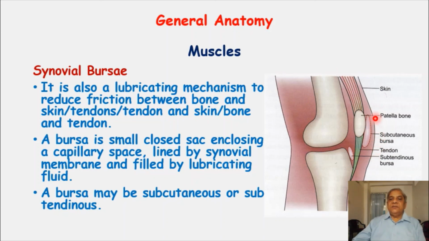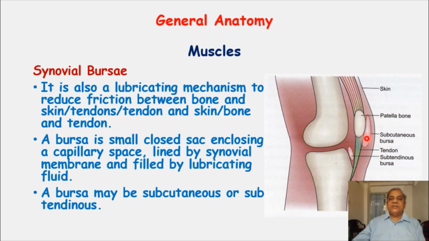This diagram is from the knee joint. This is the skin of the knee, and this is the bursa. On the other side, it is the patella bone, the kneecap bone. Usually the skin movements become smooth because this subcutaneous bursa is placed between the skin and the patella bone. Similarly, this bursa is also placed between the skin and the tendon.